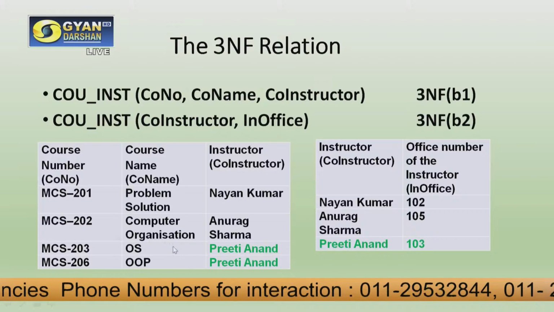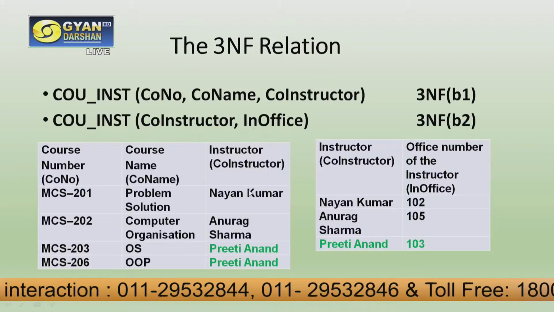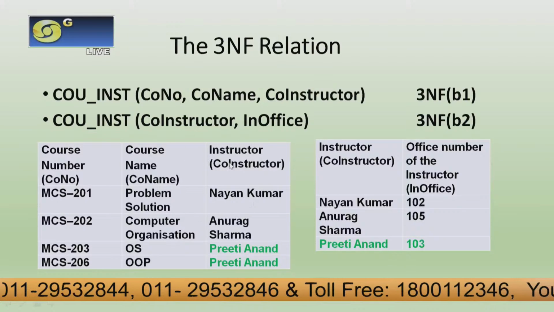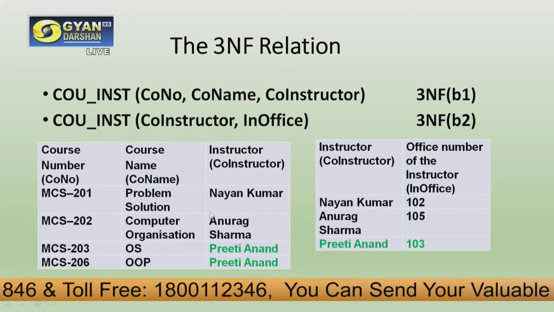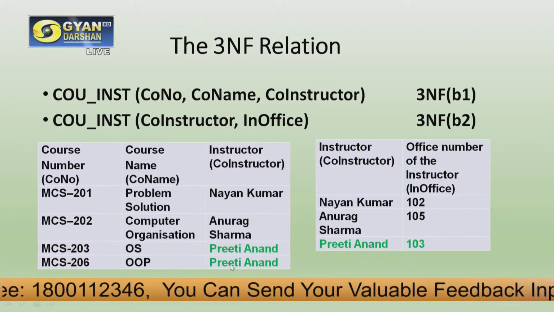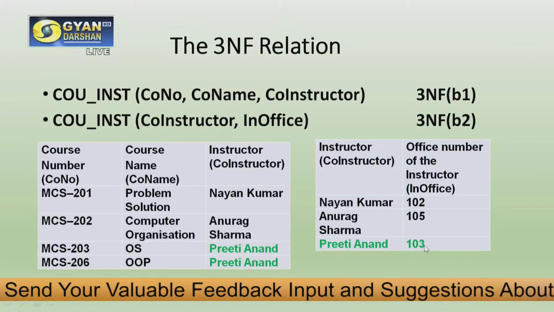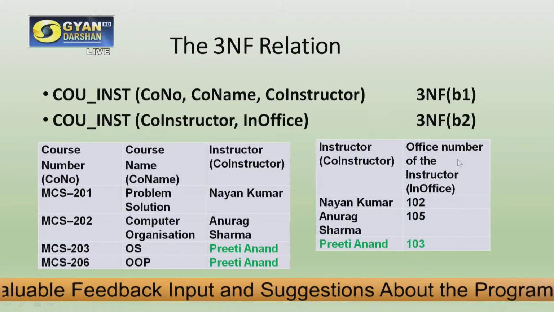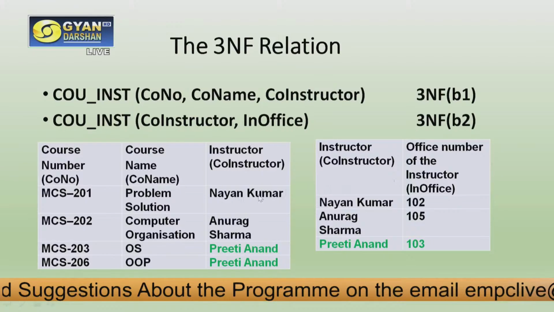Now what you can see here, once again, is that the anomalies or the problems due to redundancy have been reduced drastically. Preeti Anand is now appearing only in one place in this table.